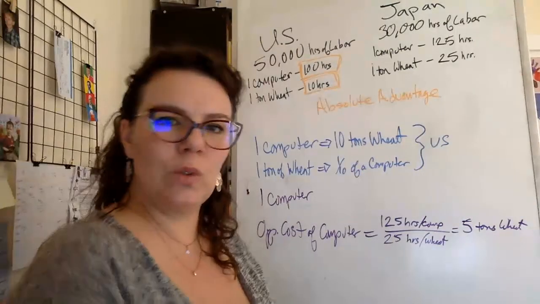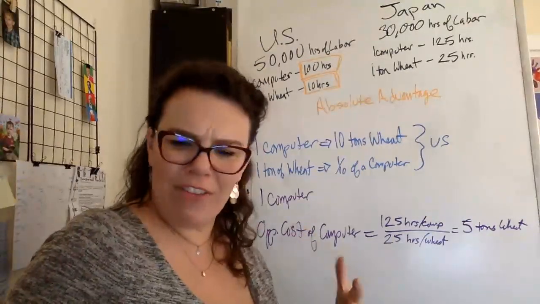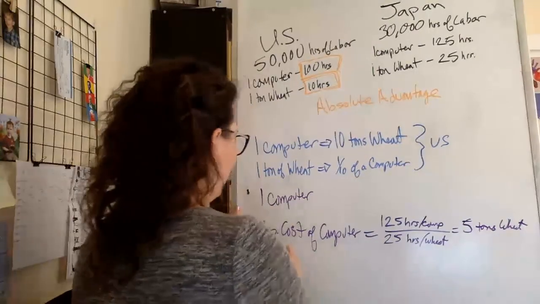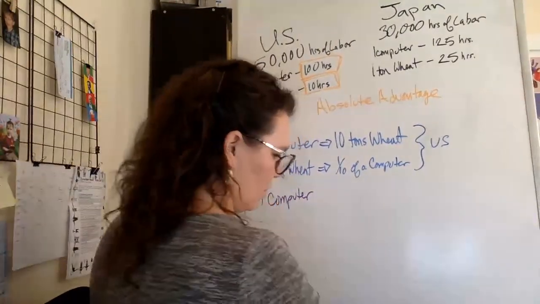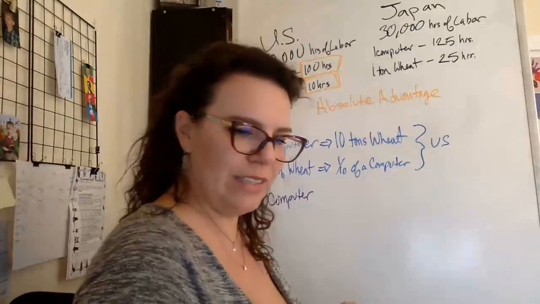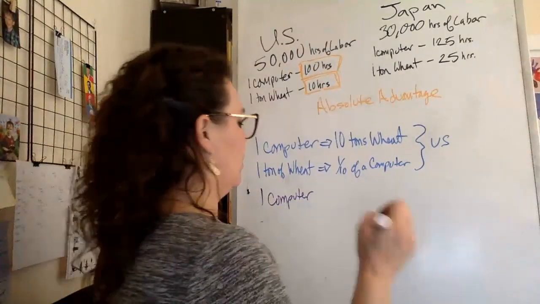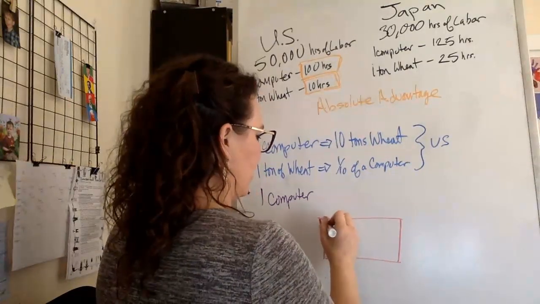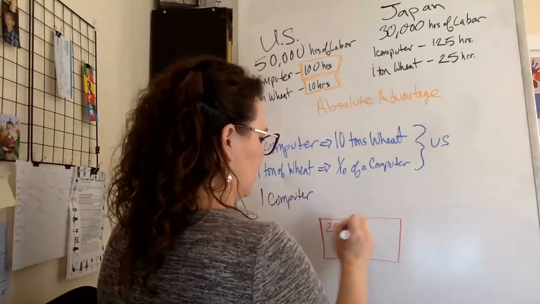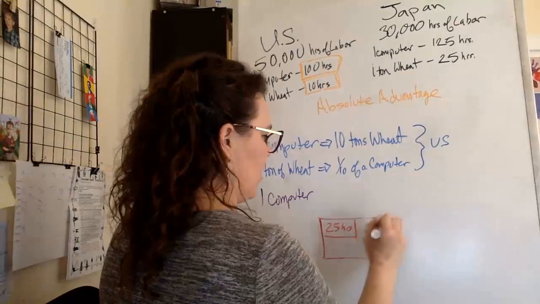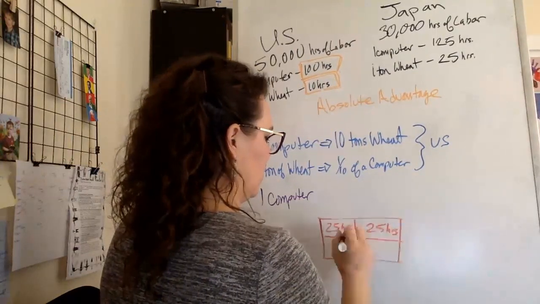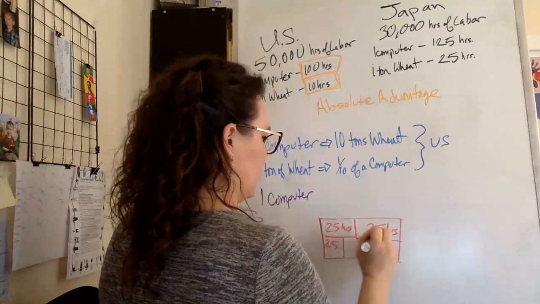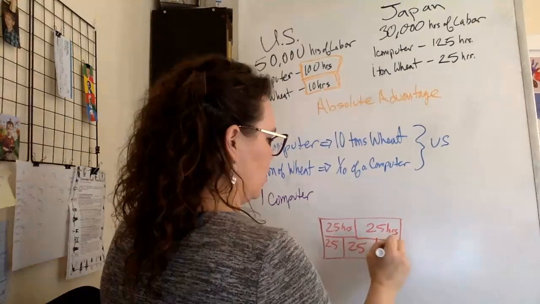Or we can do my kind of graphic, spatial example, where we say, okay, if we divide time into blocks, here's 25 hours, 25 hours, 25 hours, 25 hours, 25 hours.